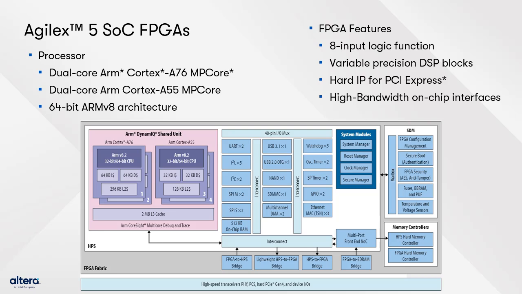Also available is a rich set of peripherals, including Ethernet ports, two USB on-the-go ports, 2.0 and 3.1, interfaces to flash memory, general-purpose embedded peripherals such as UART, SPI, I2C, and I3C, and a shared multi-port front-end SDRAM controller that supports DDR4 and DDR5 with ECC.